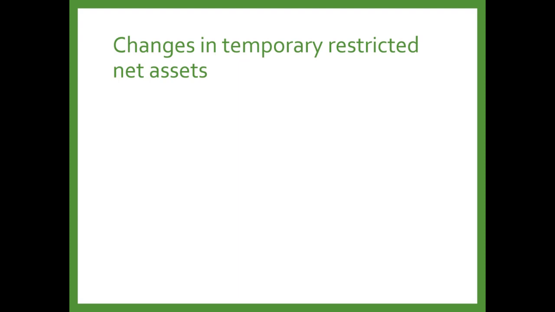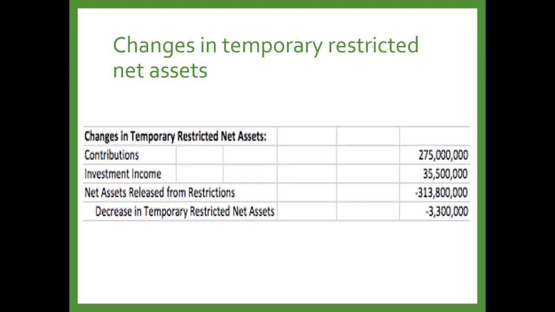Now it's time to move on to temporarily restricted. So we finished the unrestricted section. Now this temporarily restricted section, we'll also find those in the text labeled as restricted support and restricted revenues. Those are the ones that we're going to use for our temporarily restricted. So there they are listed.